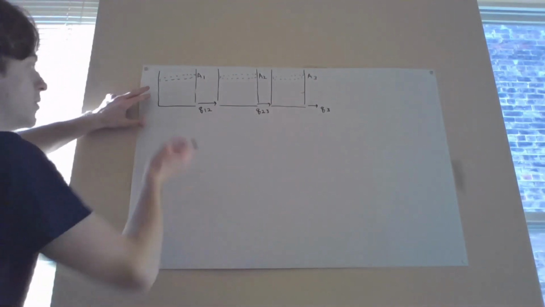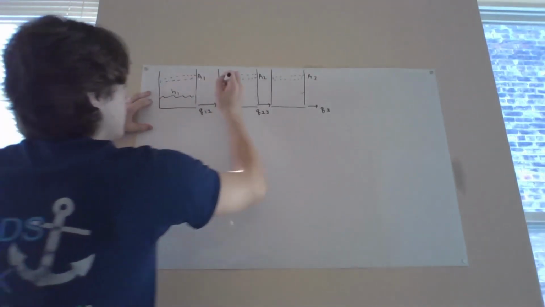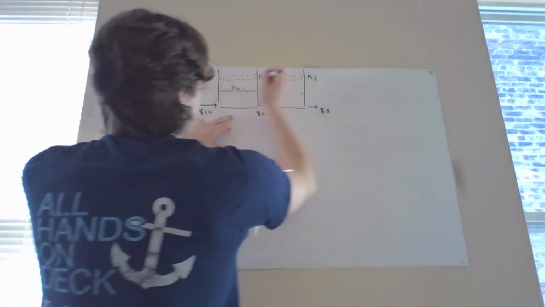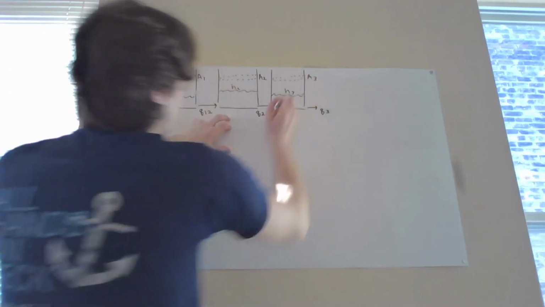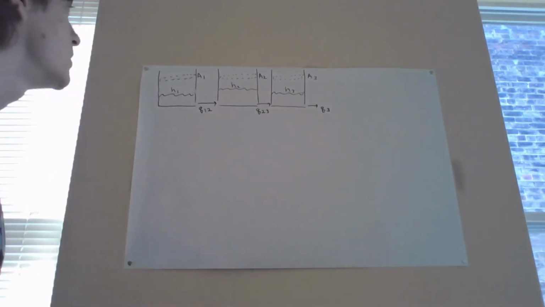Each tank will also have its own height of liquid. So there will be a height of liquid 1, height in 2, and then a liquid height in 3. And I have called these H1, H2, and H3 respectively.